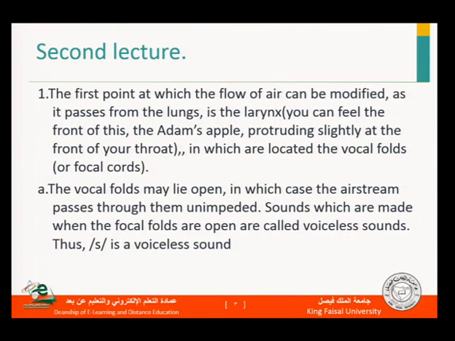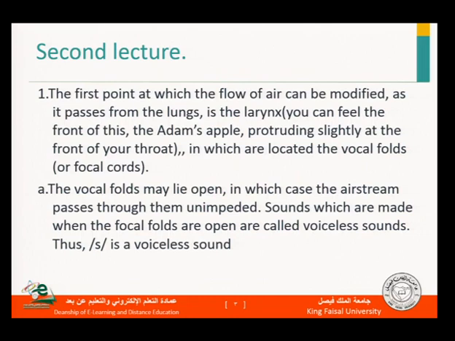If these vocal folds are close together while the air is going out of the body, we're talking about voiced sounds. But if these vocal folds are apart from one another, the air passes easily, and as such we're talking about what we call voiceless sounds.